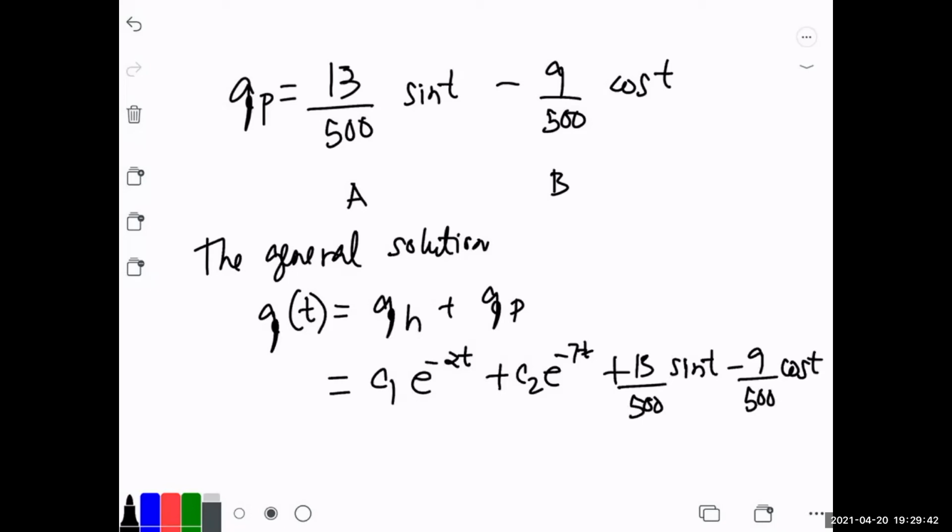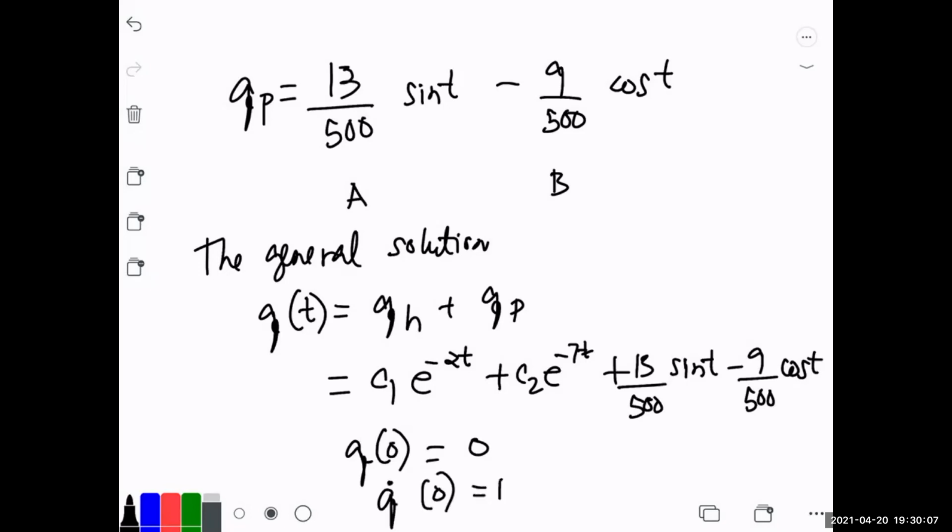So given is q of 0. So no initial charge on the capacitor. So q of 0 would be 0, but an initial current of 1 ampere. So there's an initial current. If we take the derivative of charge, that's the current. So q dot at 0 is equal to 1.